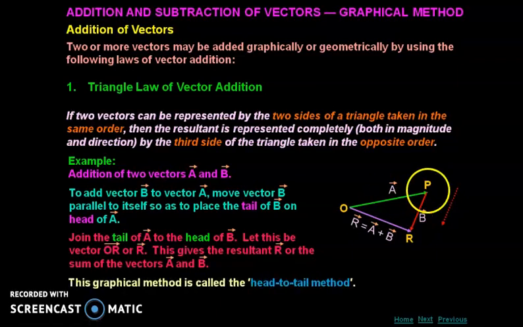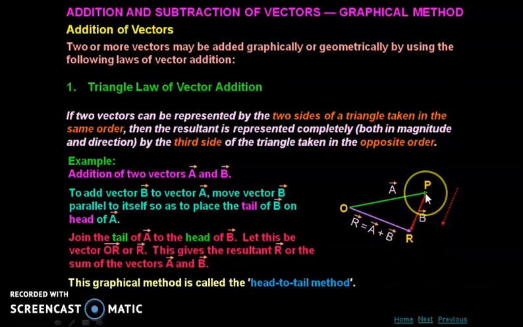This law is also known as the head to tail method. Why is it so? Because you can see that OP is the first vector, where P is the head of the first vector, and PR is the second vector.